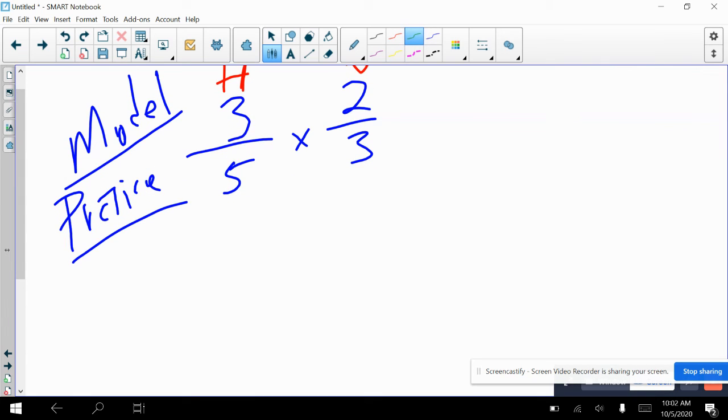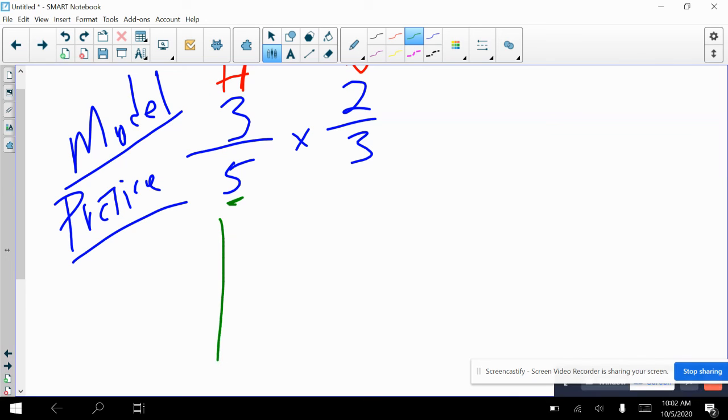Okay, so what does the 5 mean here in our horizontal fraction? That means that there's what? 5 pieces that make one whole, right?